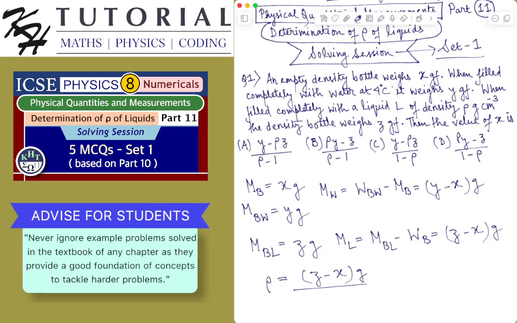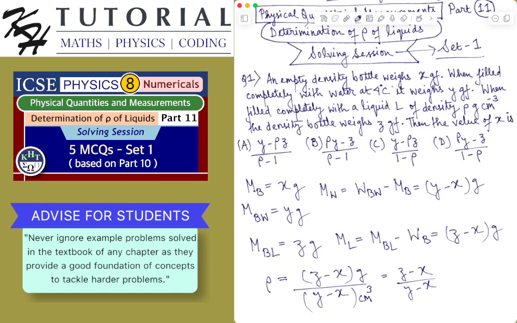The volume of the density bottle will be equal to the mass of the water at 4 degrees centigrade that is completely filling the density bottle, which is y minus x, so this is centimeter cube. Okay. So essentially, rho is z minus x divided by y minus x.